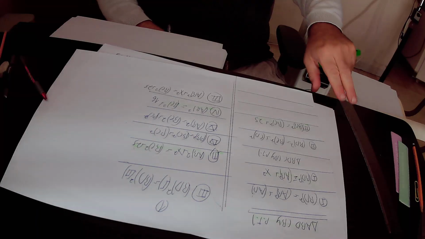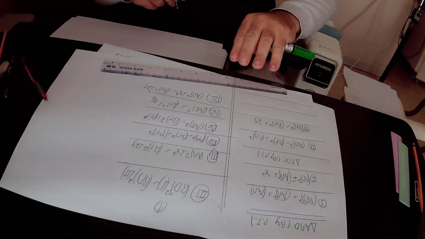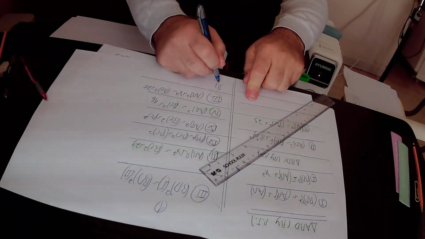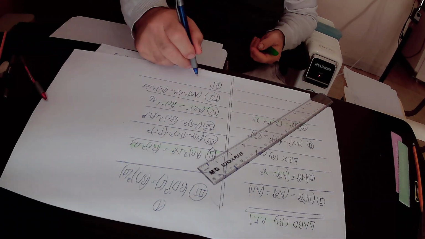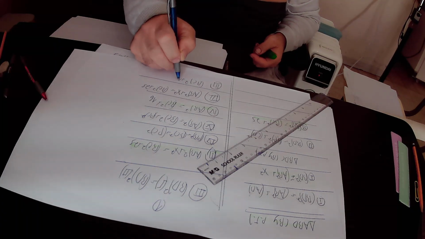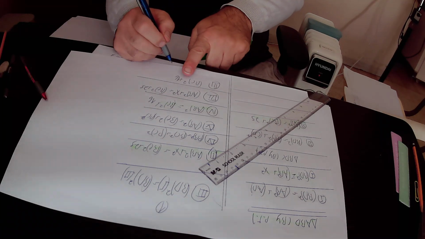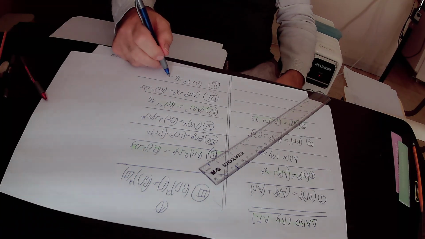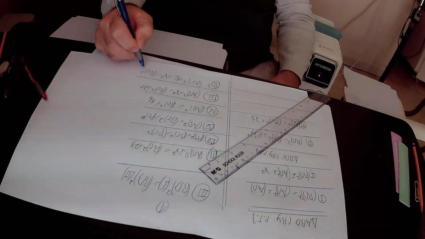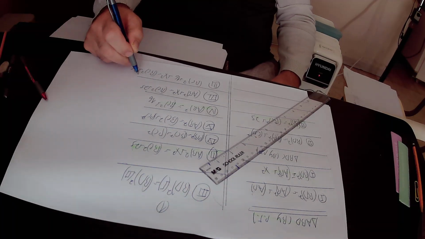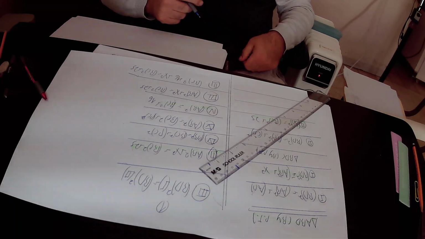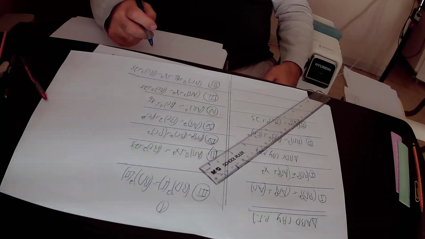We will do it now, and according to equation 3, we get BC squared plus 16 plus x squared equals BC squared plus 25.